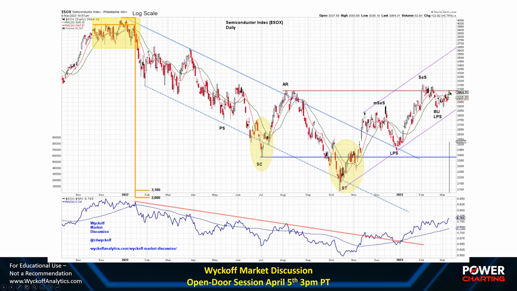Now, this is a very important place on this chart because this automatic rally point is exactly where SOX has rallied to and could very well find resistance at this level. And so take a closer look at the relative strength here.